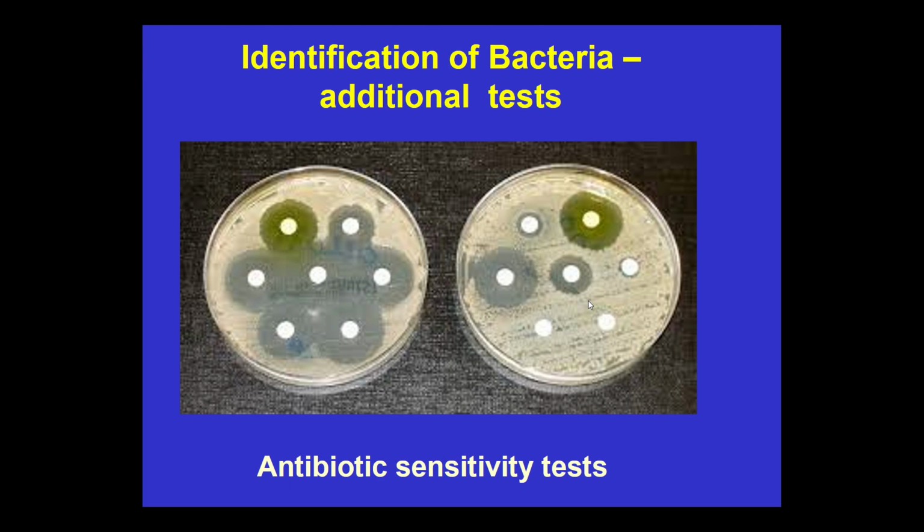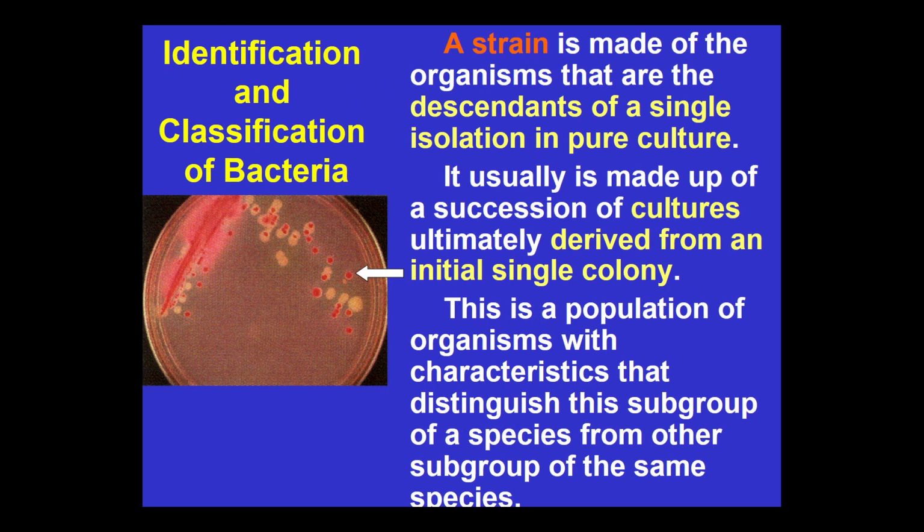What does it mean, identification of bacteria? That is identifying the name of the bacteria, how do we call it? For example, Staphylococcus aureus or Streptococcus pyogenes. That is the name of the genus and the name of the species.